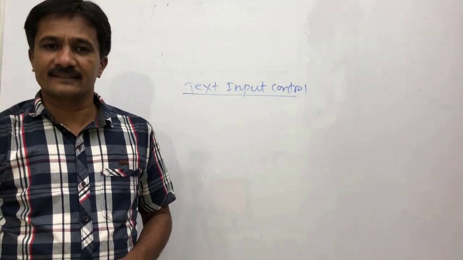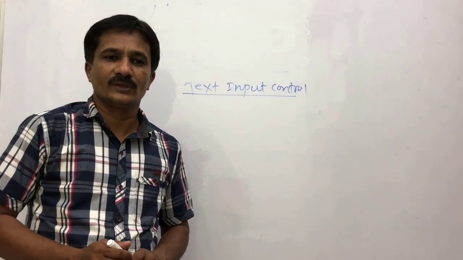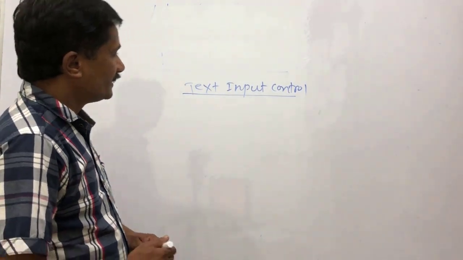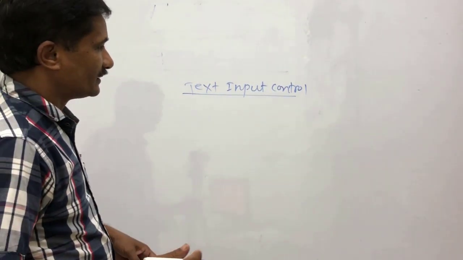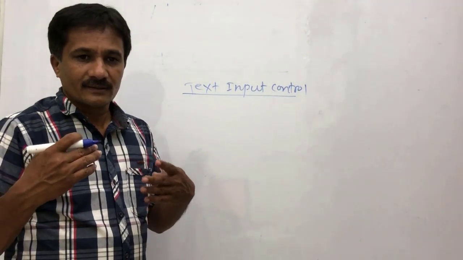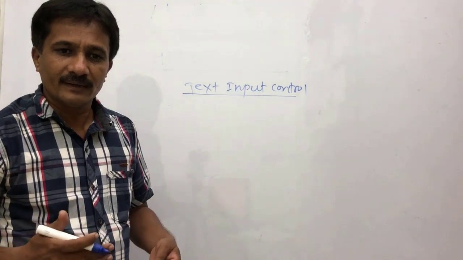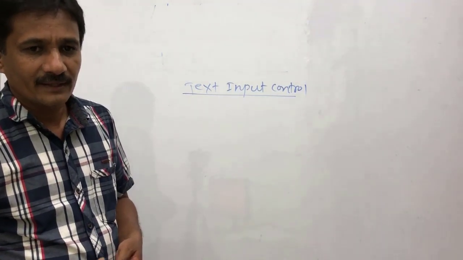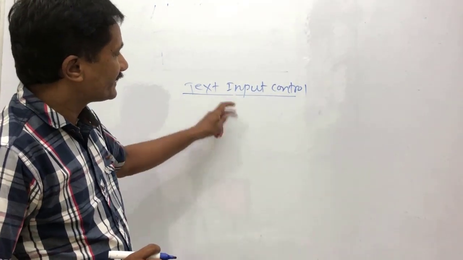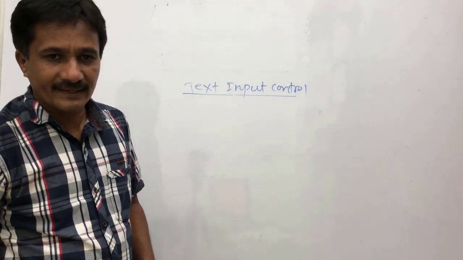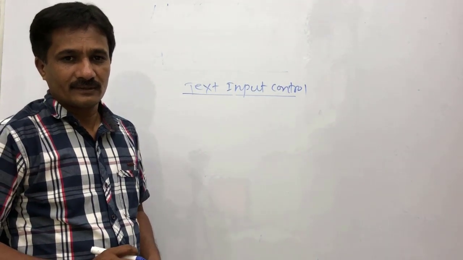Here is the basic example of single line text input used to create first and last name of the student. The student can fill only the first name and last name in a single line text input control.